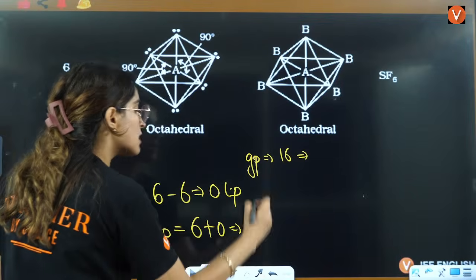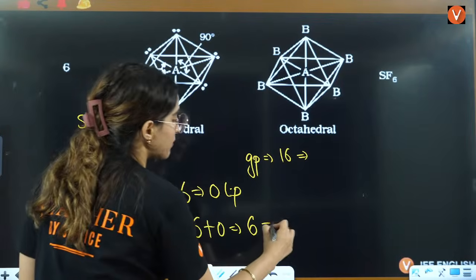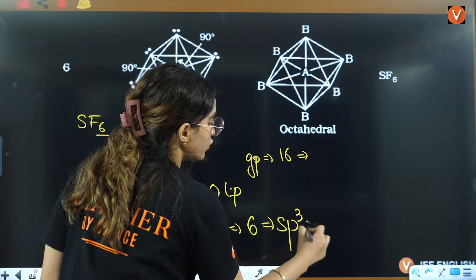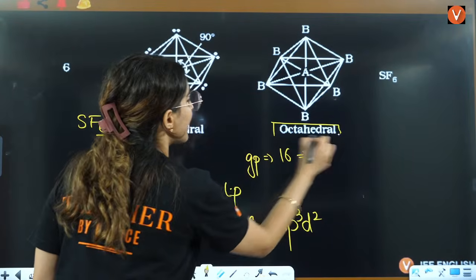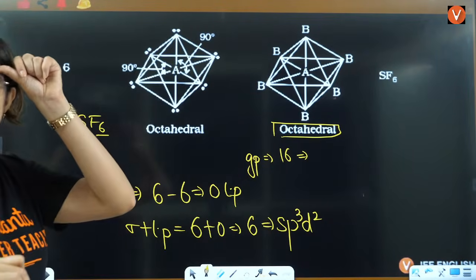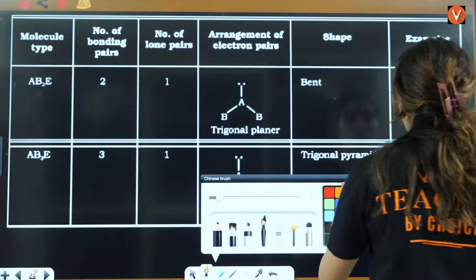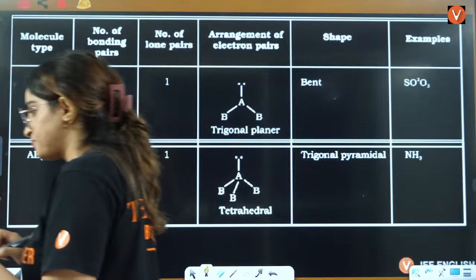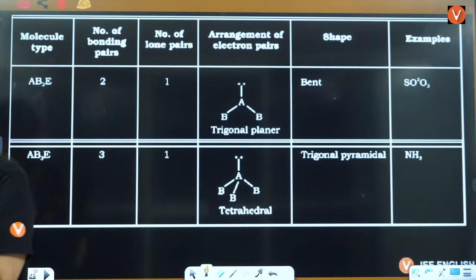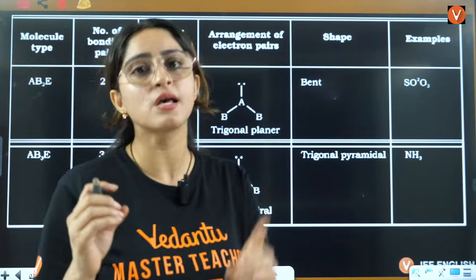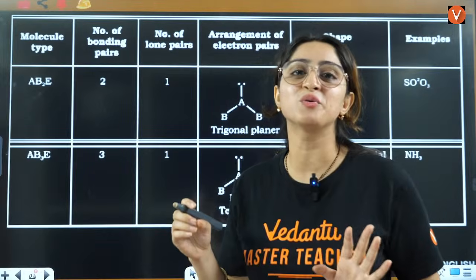That means 6. And 6 corresponds to hybridization sp3d2. That means octahedral is formed here. Right, everybody? These were all the cases where lone pairs were becoming 0. Okay. Now we are going to see some examples where lone pairs are not going to be 0.